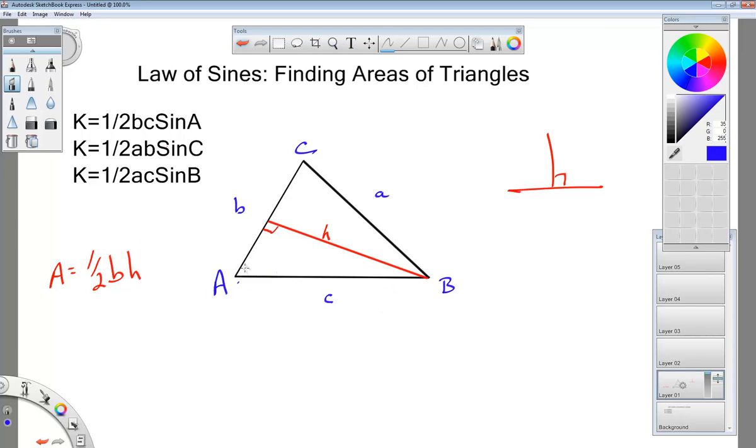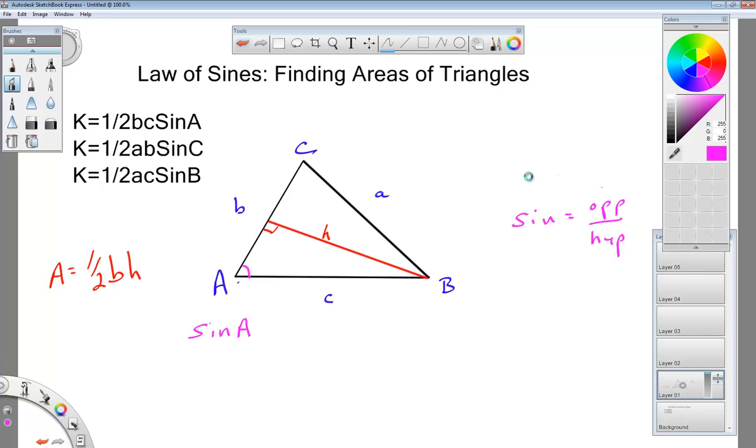Here's how this is all going to work. If I go from this angle here and say the sine of capital A, now remember sine means opposite over hypotenuse.